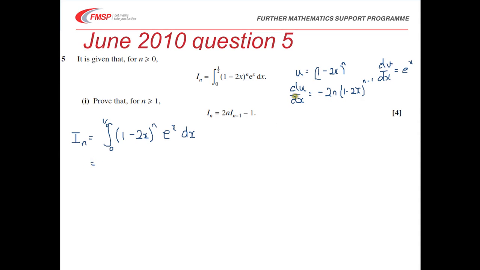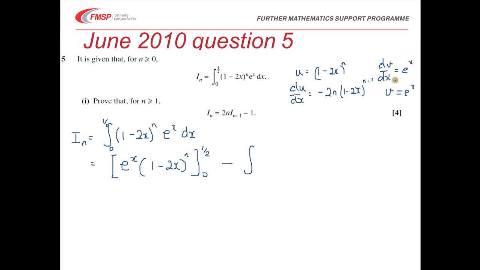So remember, integration by parts says that the integral will be equal to uv, between the limits 0 and a half, so that will be e to the x upon (1 minus 2x) to the power of n between 0 and a half, minus the integral of v du by dx.